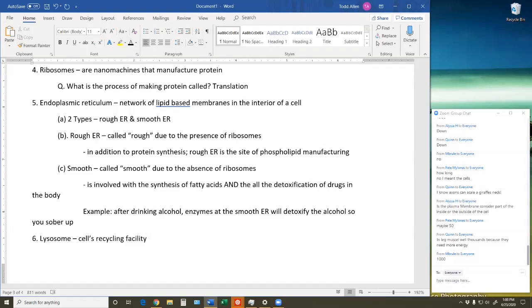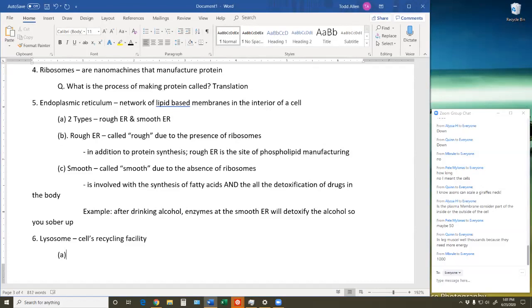The lysosome is that facility for a cell. If a cell has damaged, worn out molecules or entire organelles like mitochondria, they can be recycled and the components of those materials can be reused to benefit the health of the cell.